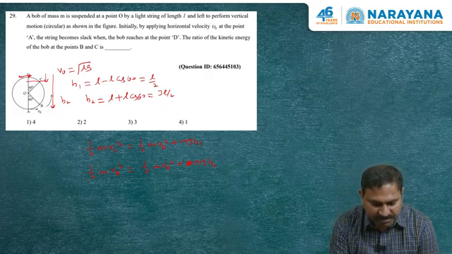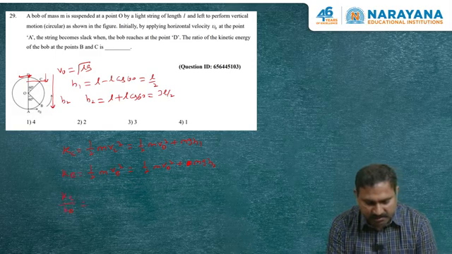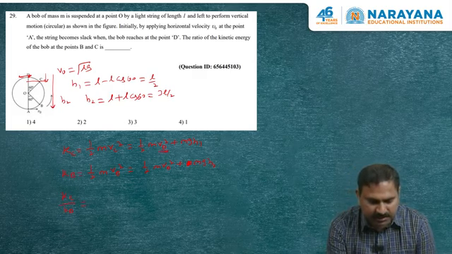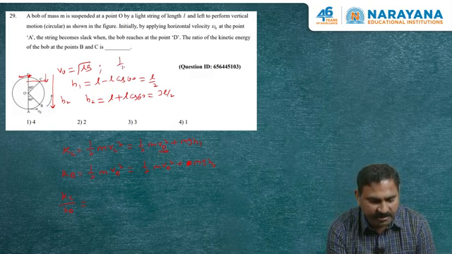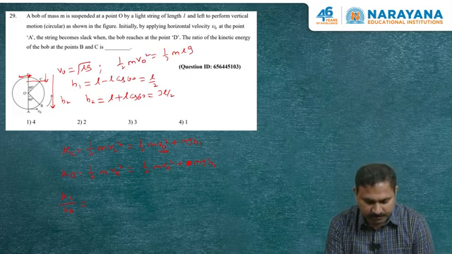Now the ratio of these two, this is the kinetic energy at C, this is the kinetic energy at B. Kc by Kb comes out to be half m Vd square, where for Vd we have the value, Vd square equal to Lg.